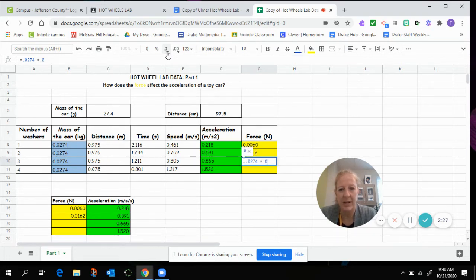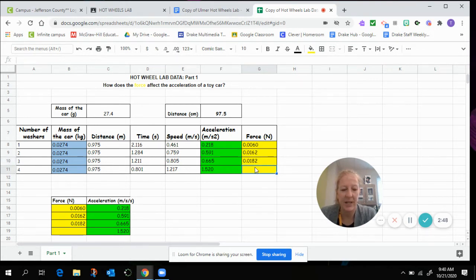Then I multiply the mass by the acceleration, which in this case is 0.665. Again, I don't want all those decimal places, so I'll bring that down to 4. Whoops, I went down a little too far there, so I'll use the other arrow to increase the number of decimal places, so I just have 4.